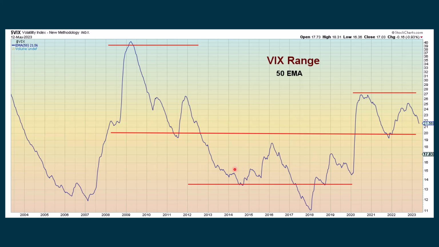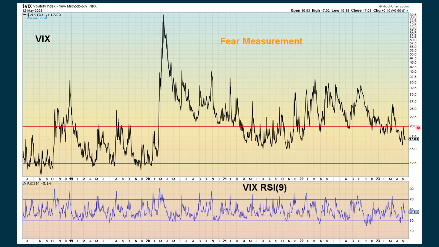Then we dropped down to a range of about 20 down to 13 or 14 or so. And now we've gone back up to the 27, 28 level down to a little bit under 20, and we continue to fall overall.